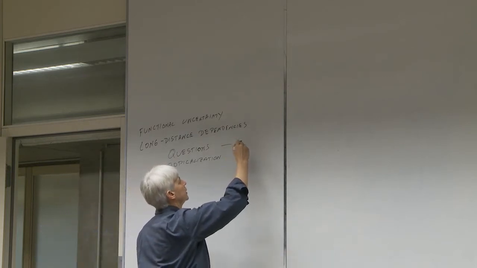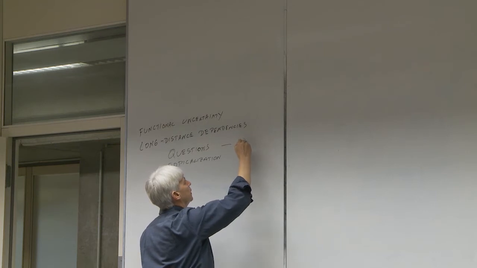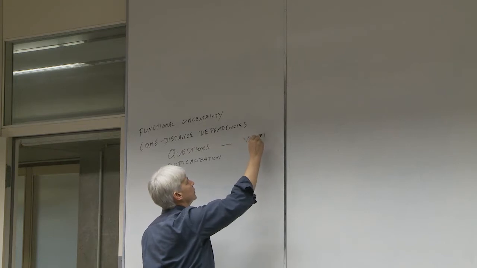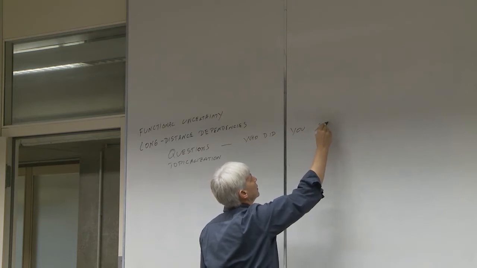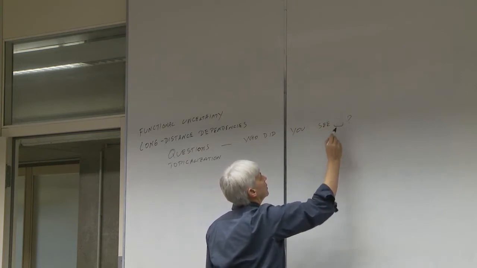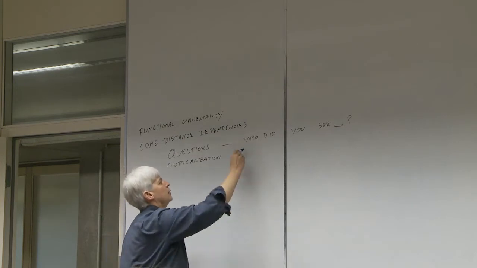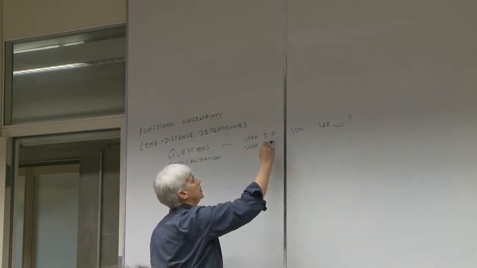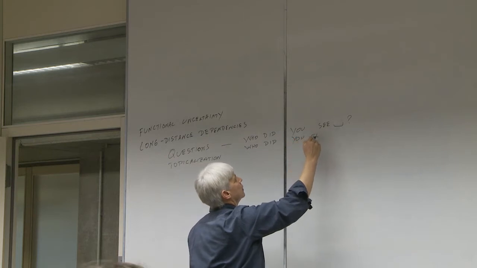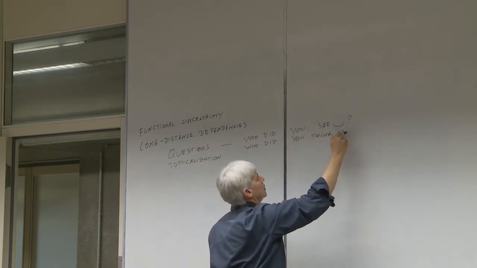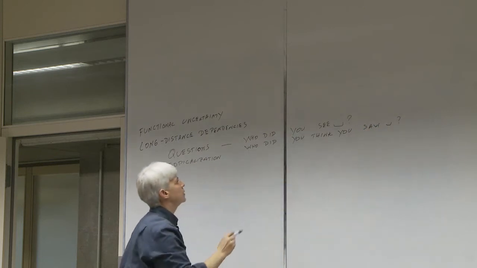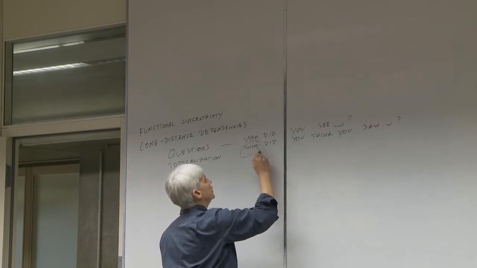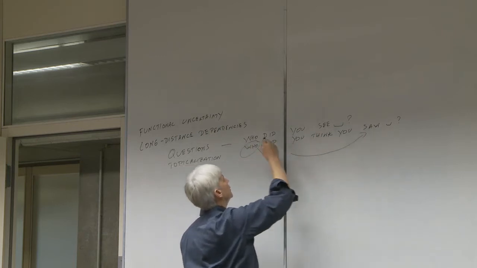So you have things like who did you see? Or who did you think you saw? Where the idea is that this who is connected to the verb see over here.